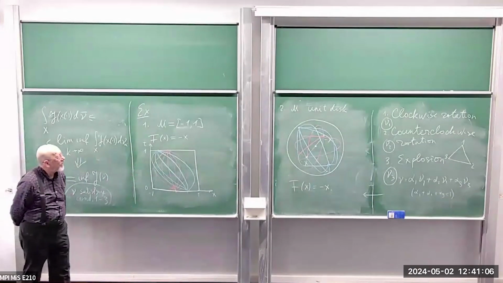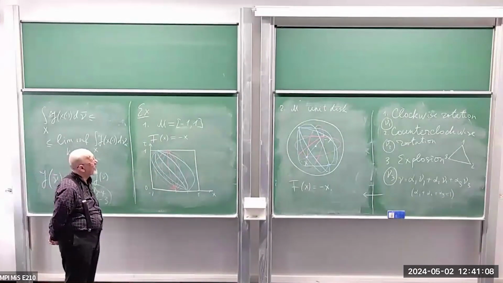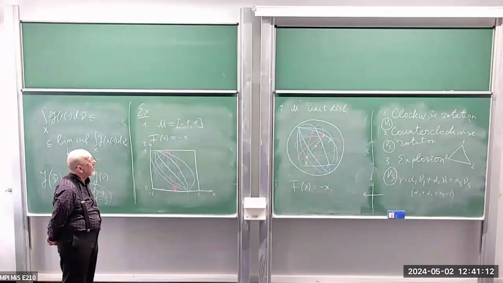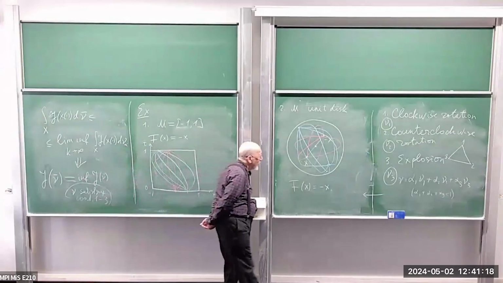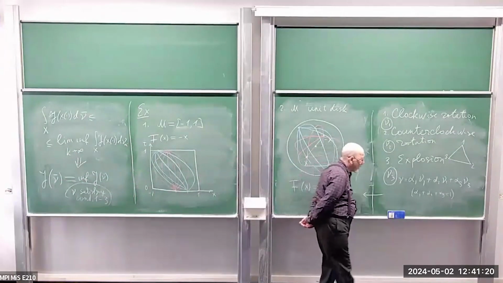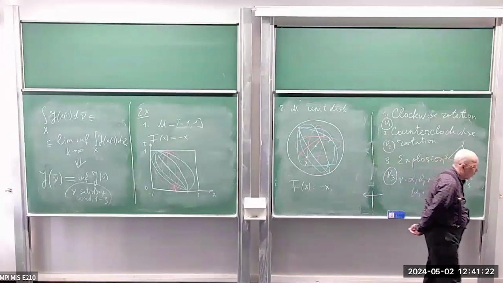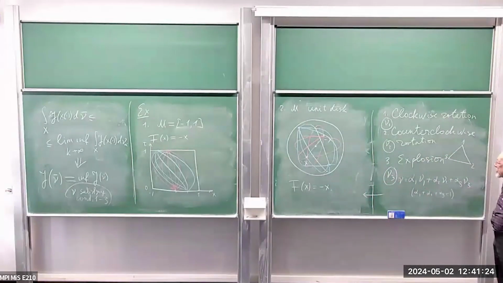And something like this happens in all other situations. In particular, as you see, the dimension doesn't play a role. The dimension of M can be arbitrary.